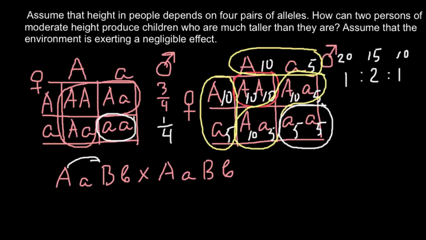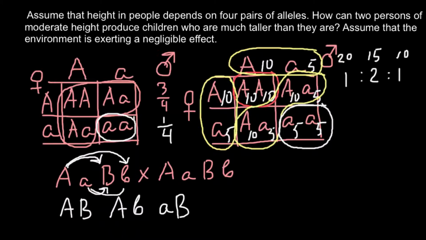The first type would be capital A and capital B, the second type capital A and small b, the third type small a and capital B, and the fourth type small a and small b.